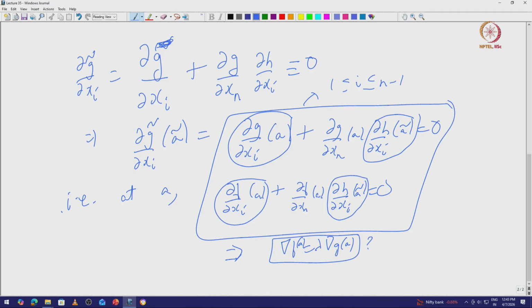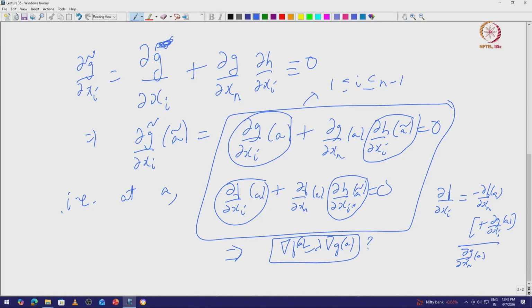So df/dxi is proportional to this, and so is this, which means df/dxi is minus df/dxn at the point A times this quantity, which is minus dg/dxi at the point A divided by dg/dxn at the point A.